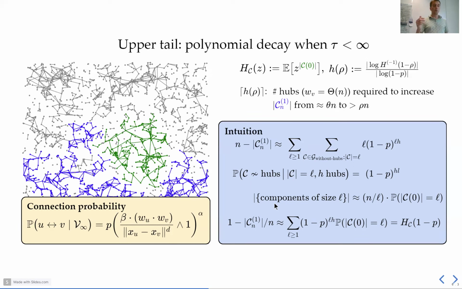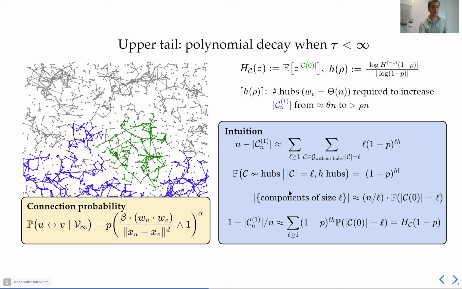Our goal was to make the giant increase from theta n to something bigger than rho times n. And it's actually the same as saying that we want the complement of the giant to decrease from (1 minus theta) n to something smaller than (1 minus rho) times n.